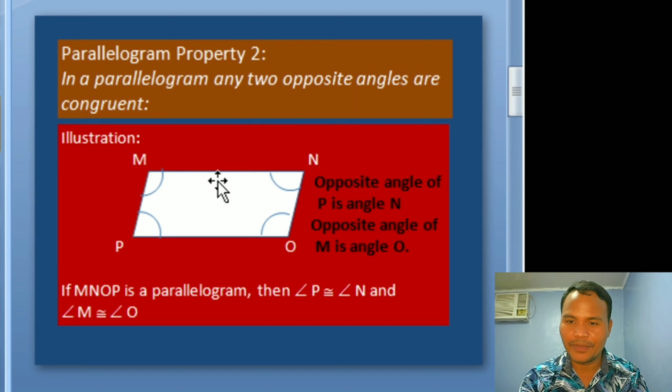The opposite angle of P is angle N. And the opposite angle of M is angle O. If MOPN is a parallelogram, then angle P is congruent to angle N. So these two angles are congruent. Opposite angles are congruent. And also angle M is congruent to angle O.